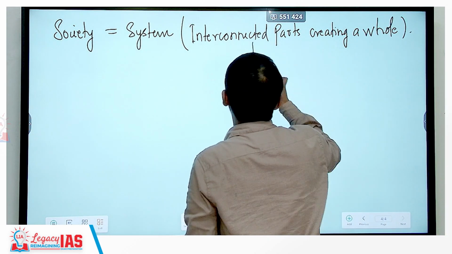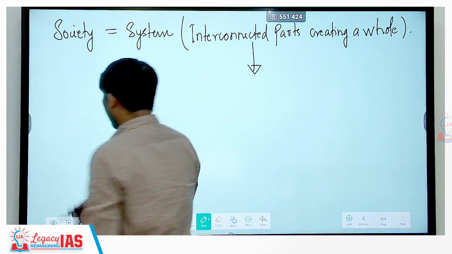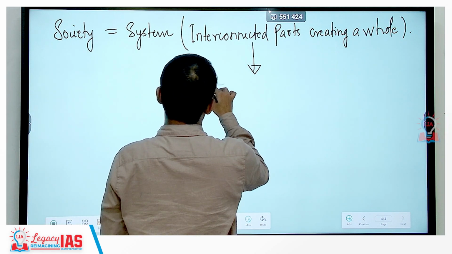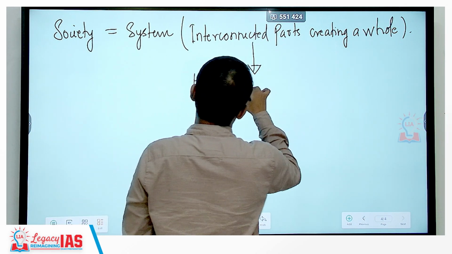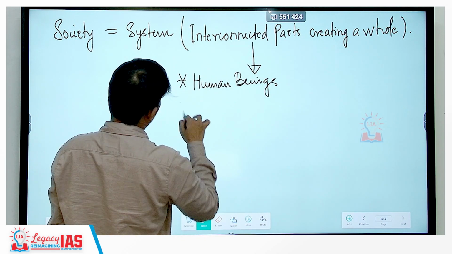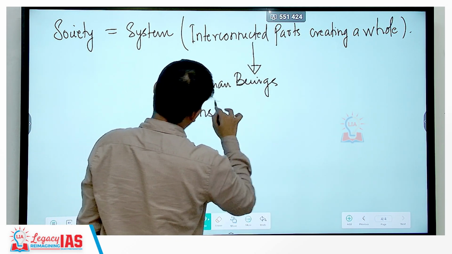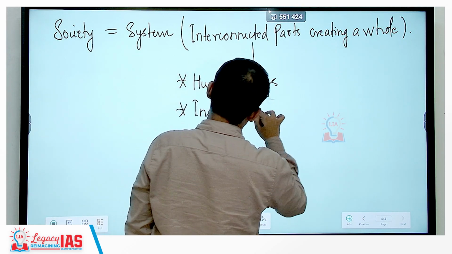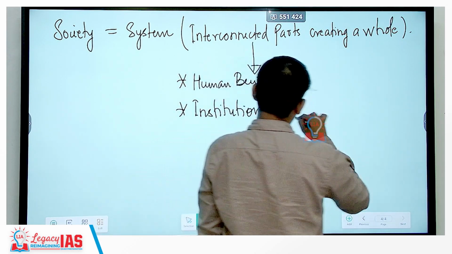Now what are these interconnected parts? These interconnected parts are, of course, human beings, but not just human beings, but different institutions of society.